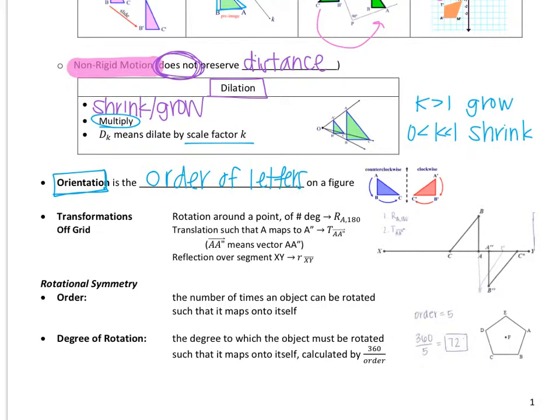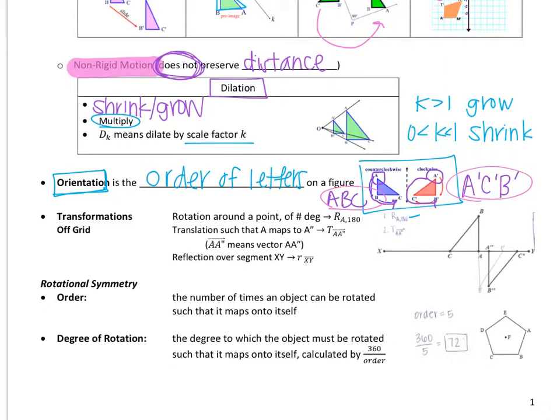So for example, you can see here in this picture that a reflection was performed, reflection over a line, and when we read the letters starting at A, going counterclockwise, we get A, B, C. Now if I do that same thing, starting at A prime, reading counterclockwise, we get A prime, C prime, B prime. The order of the letters is not the same in a reflection over a line. So here orientation is not preserved.